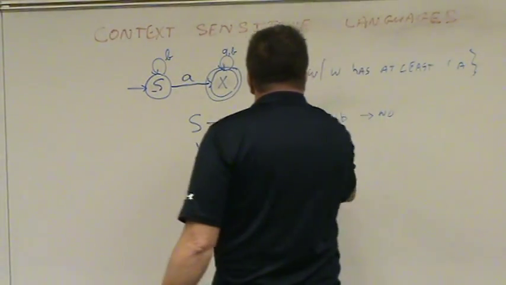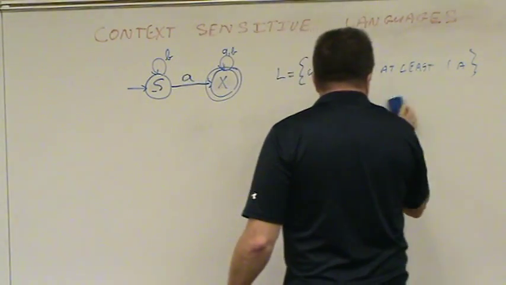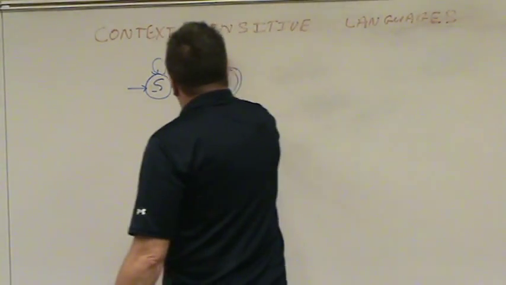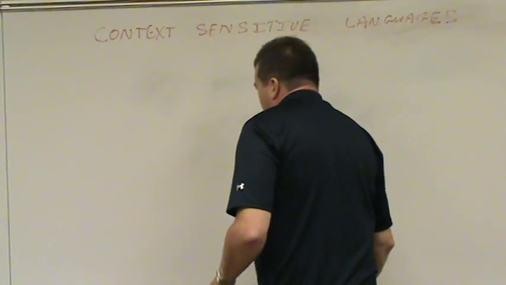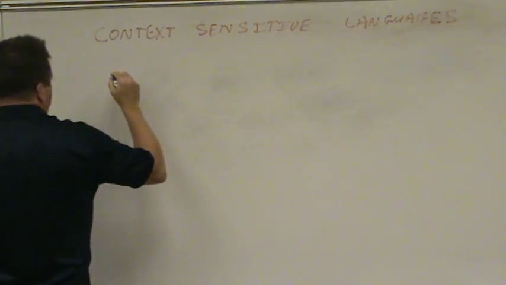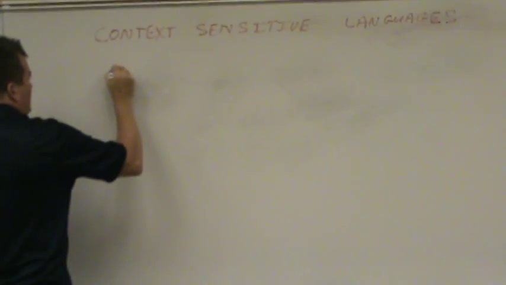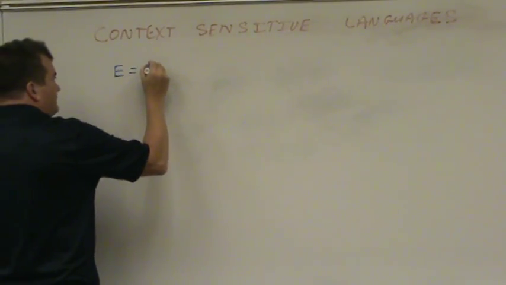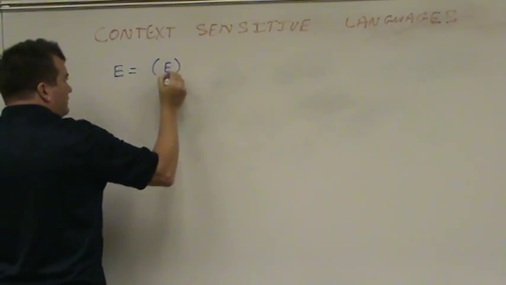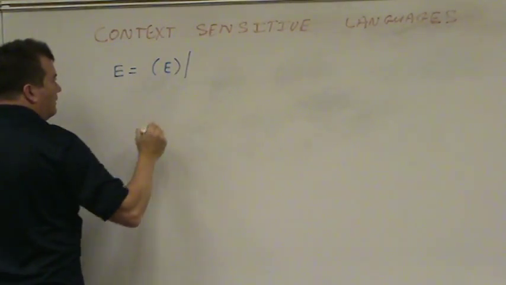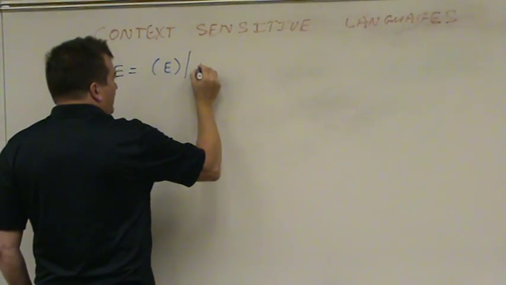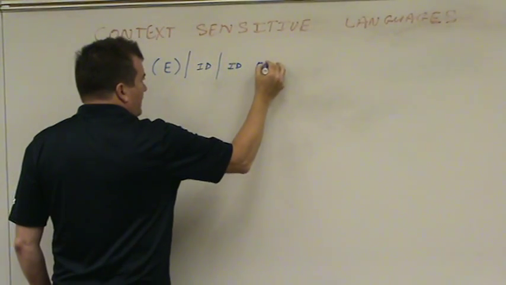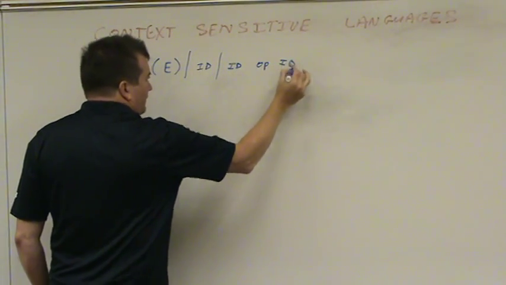If we're forced to use a stack, so if we had a state machine with a stack, if we had a language like an expression, I'm trying to keep this as simple as possible. An expression is equal to an open paren with an expression and a closed paren, or an identifier, or an identifier followed by an operator followed by an identifier.